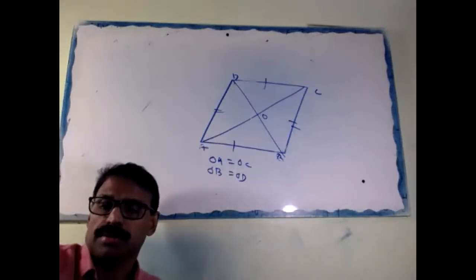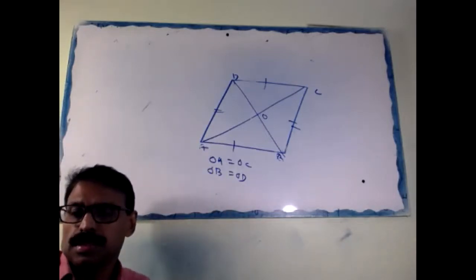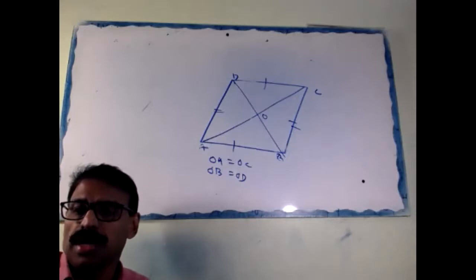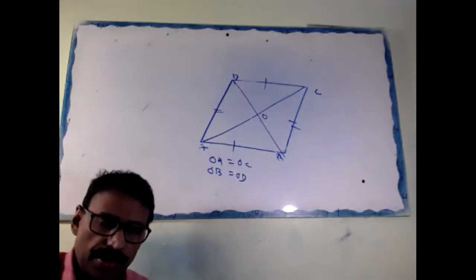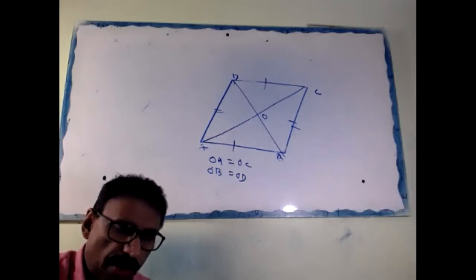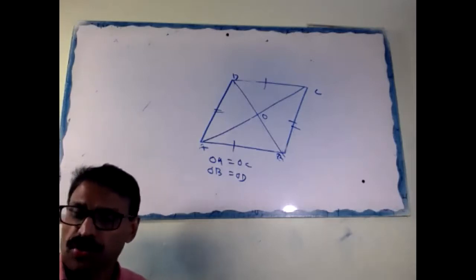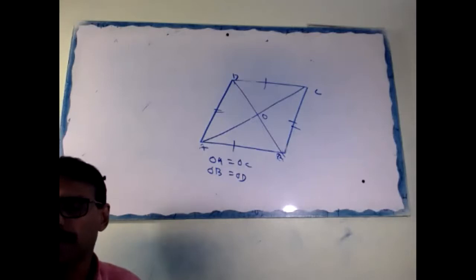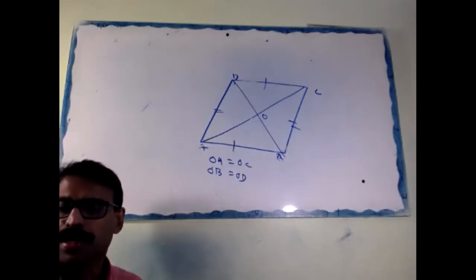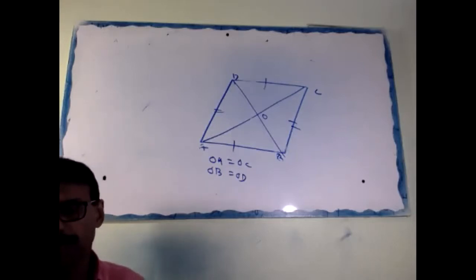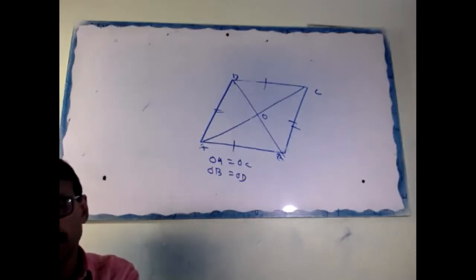Are you okay or not? Okay, we can write this now. Mridula asked me one question, you can write that one. In a square and rectangle, diagonals are equal.